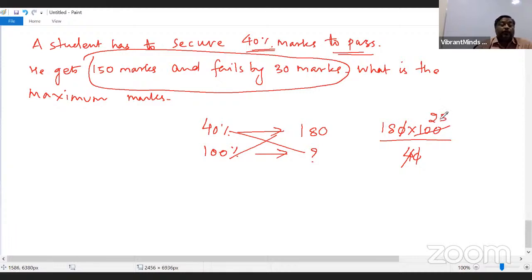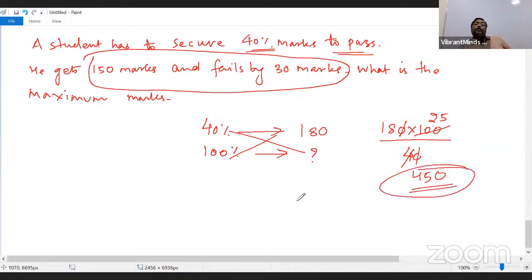This gives you 25 into 18. And 25 into 18 is how much? 18 5s are 90, carry forward 9. 18 2s are 36 plus 9, it is 45. 450. What is the maximum marks? 450 only. Is it clear, guys?